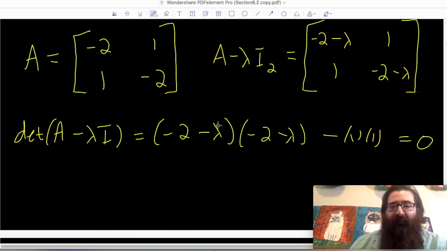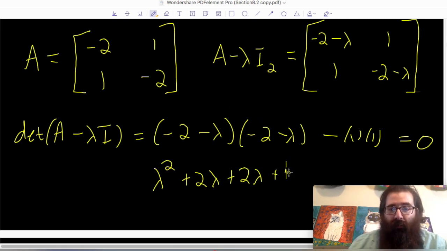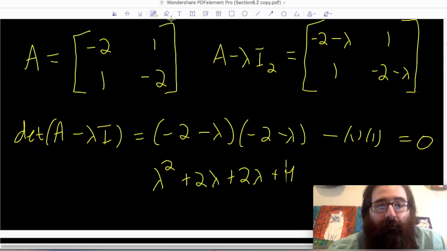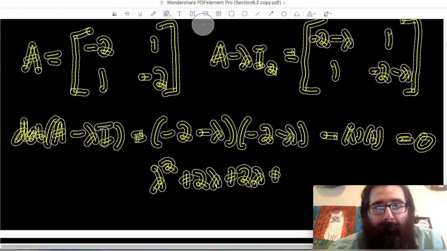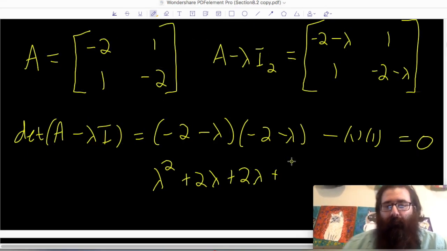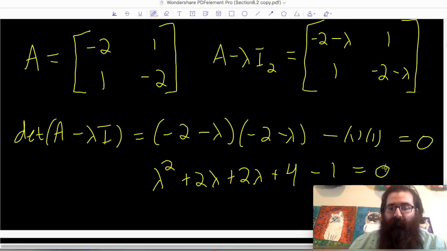If we expand this out, I want to FOIL. Negative lambda times negative lambda gives me a positive lambda squared. We get a positive 2 lambda and then another positive 2 lambda. Negative 2 times negative 2 gives me 4, and I don't want to forget about this minus 1 times 1, so minus 1 equals 0.